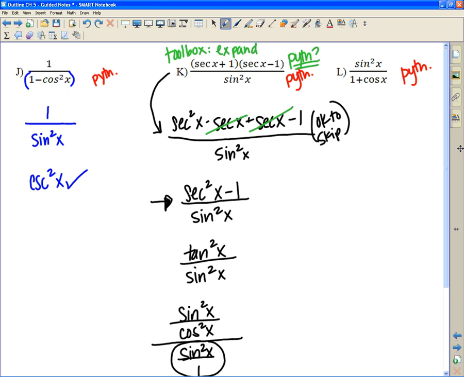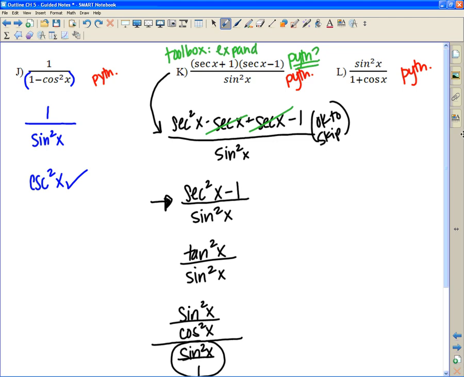Wow, this one is really starting to push that toolbox idea. And how are we going to manipulate this? Okay, I see a 1 plus cosine on the bottom. And I'm thinking, man, it would be great if the top could have cosines in it. So looking at this, I see sine squared, I think Pythagorean identity, and then I realize sine squared's identity is 1 minus cosine squared.